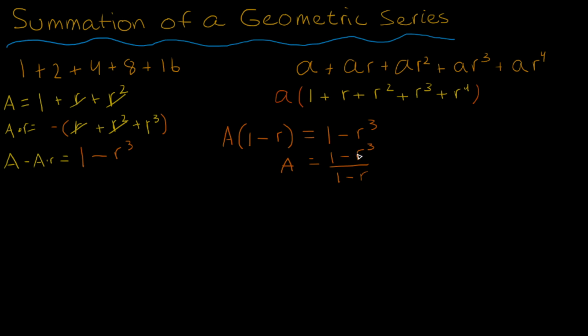So for all common ratios other than 1, this formula, this division operation should work properly. So now we have a is equal to 1 minus r cubed over 1 minus r, which is very useful now because we didn't actually have to use these middle terms as we saw in the top.